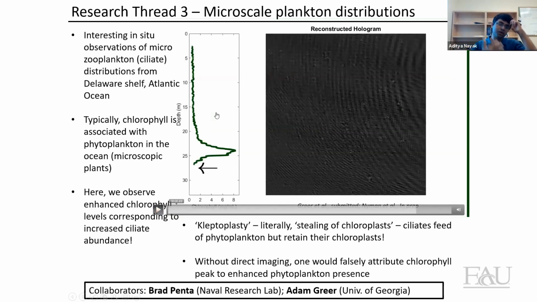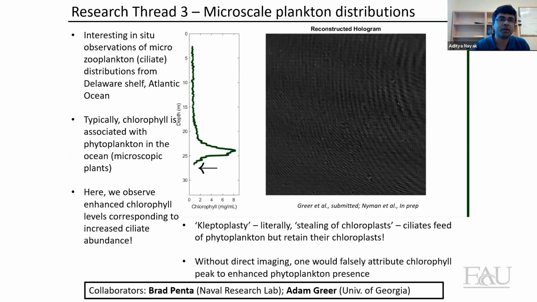So we found that what's actually happening here is a phenomenon known as kleptoplasty. Literally that stands for stealing of chloroplasts. Basically, the ciliates have fed upon all the phytoplankton that are in the general vicinity, not all maybe, but a lot of phytoplankton, and they are retaining the chloroplasts, right? They retain the chloroplasts for future use.